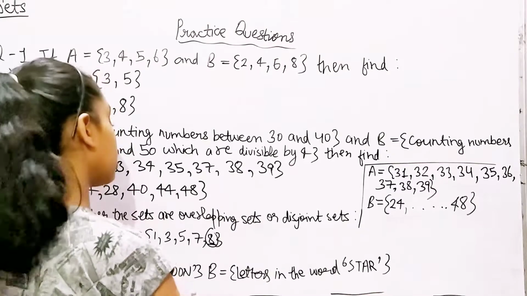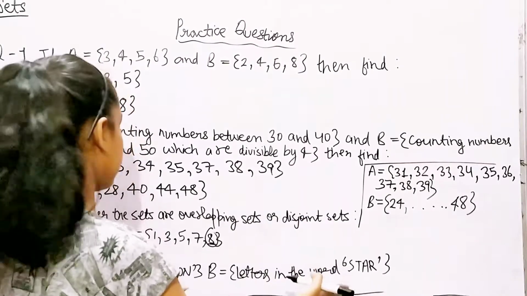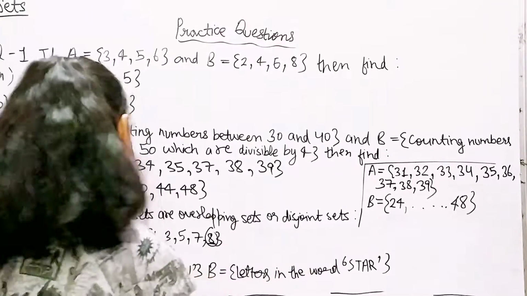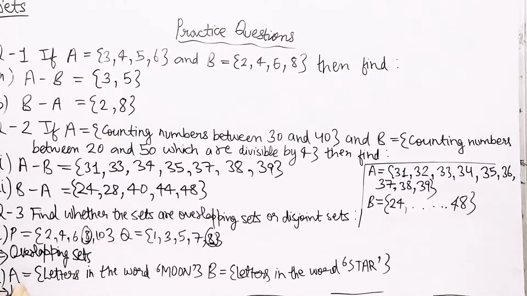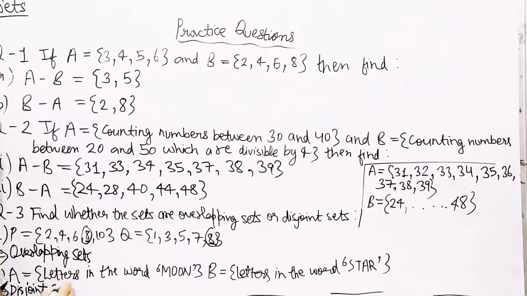No. And in this one, S, T, of course not, A and R. Nothing is common in them. So this is going to be disjoint sets. Let me write it again. Disjoint sets, okay? That's it.